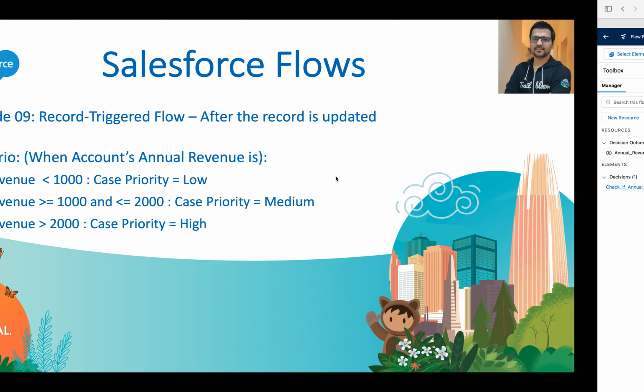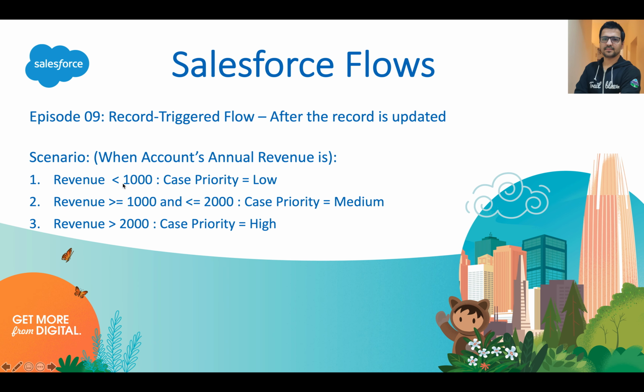The more condition we have is we need to check the revenue's value. If it is less than 1000, then the priority is low. If it is between 1000 and 2000, then the priority is medium. And if it goes beyond 2000, then the priority is high.